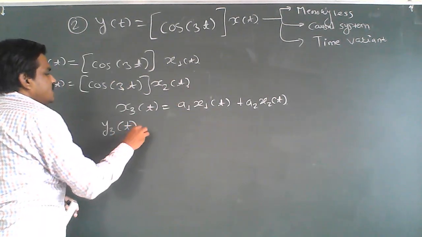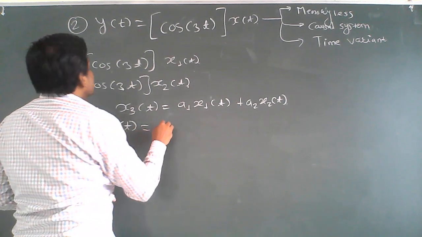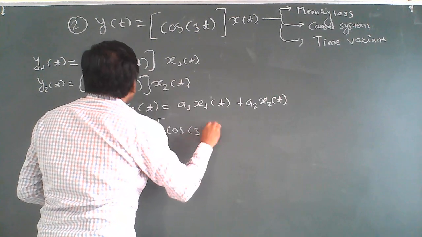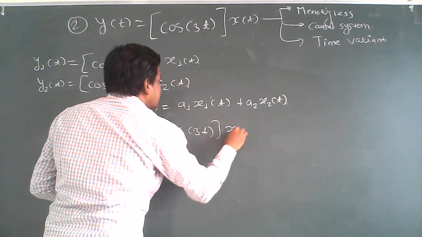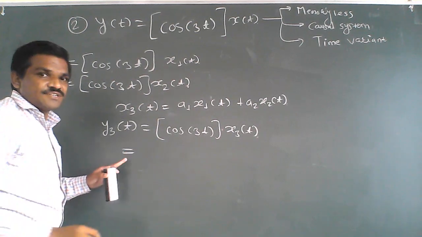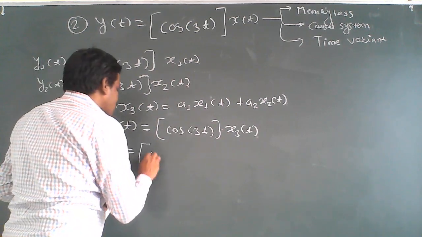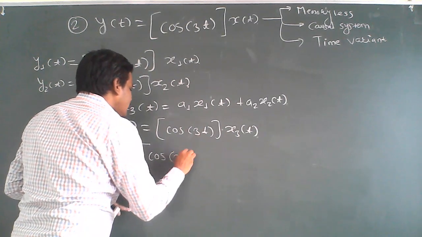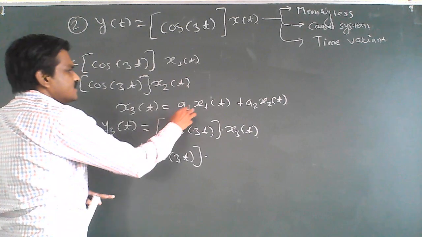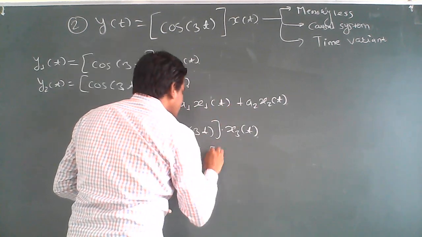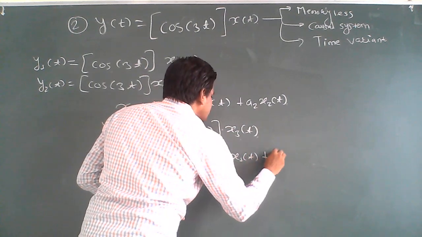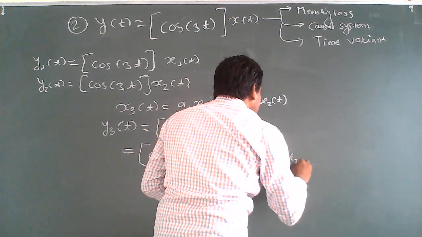So y3 of t is equal to cos of 3t into x3 of t, which is cos of 3t into a1 x1 of t plus a2 x2 of t.